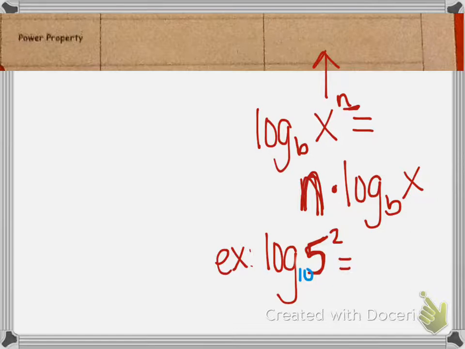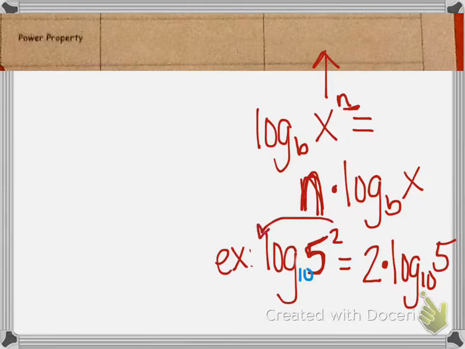This could be written as 2 times log base 10 of 5. You don't need to put in the 10, that's just the reminder that it is base 10. So you can bring the exponent down in front of the log and solve for it there. Okay, so that's the power property.